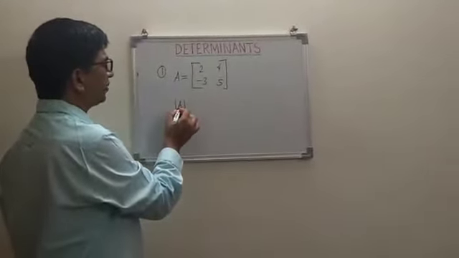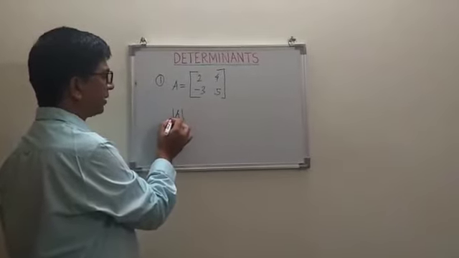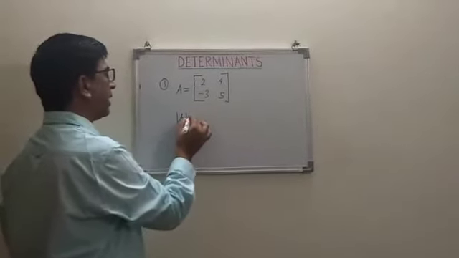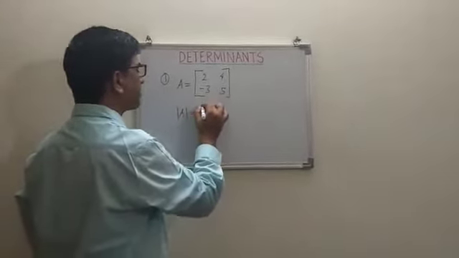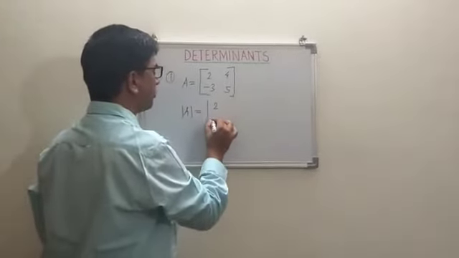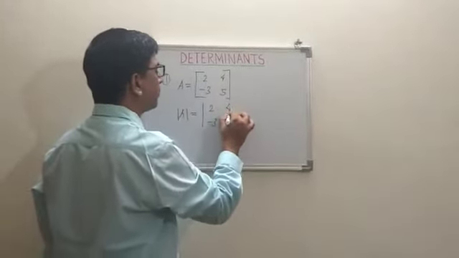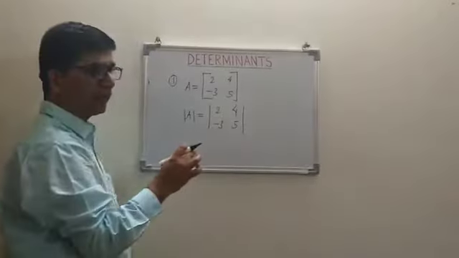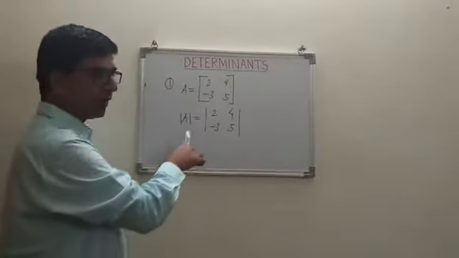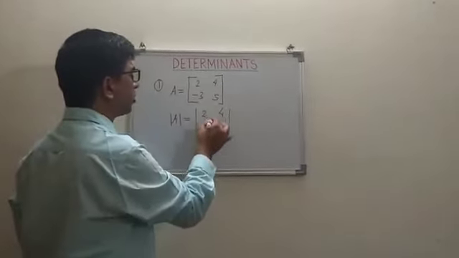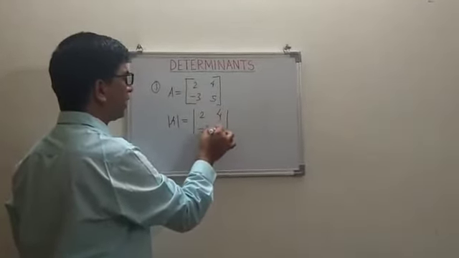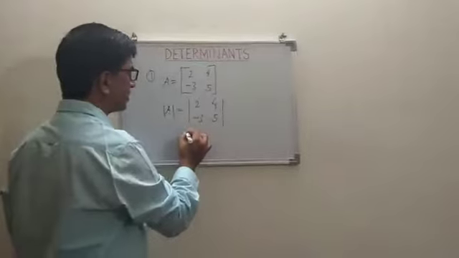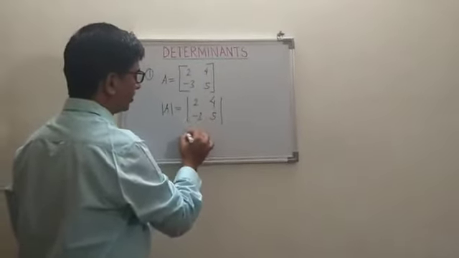The determinant of the matrix A is read as determinant of A, and can be indicated as determinant of 2, minus 3, 4, 5. We want to find the determinant of this square matrix of order 2 by cross multiplying 2 into 5 and minus 4 into minus 3.